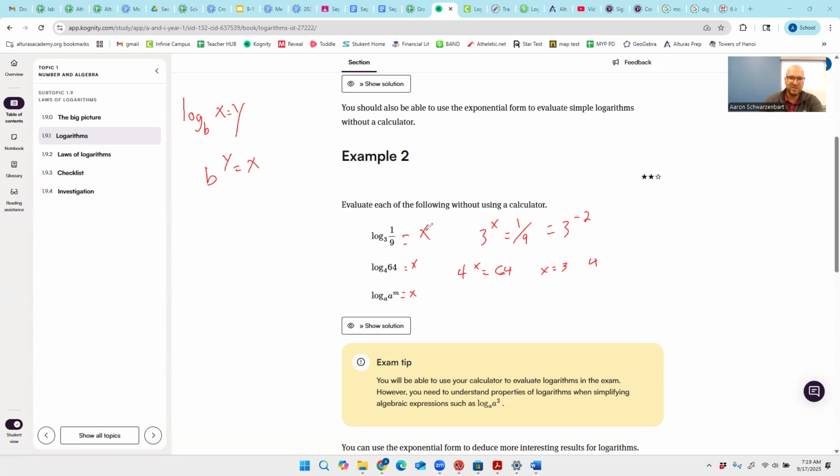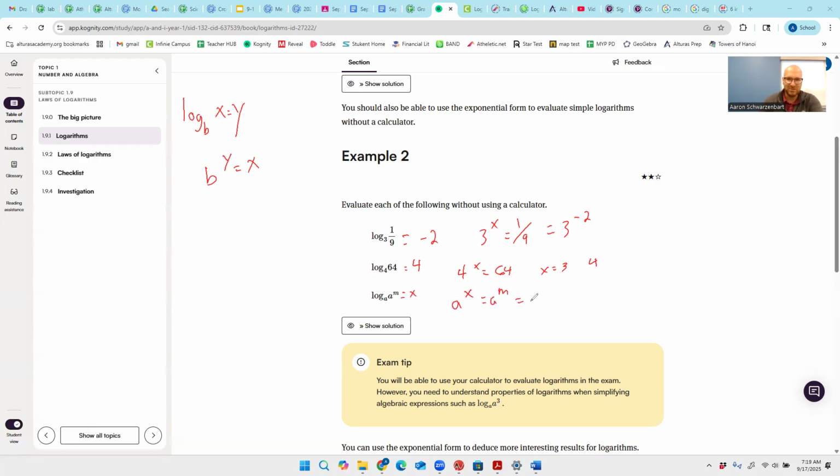So my answers, instead of an x, are negative 2 and 3. This last one becomes a to the x equals a to the m.